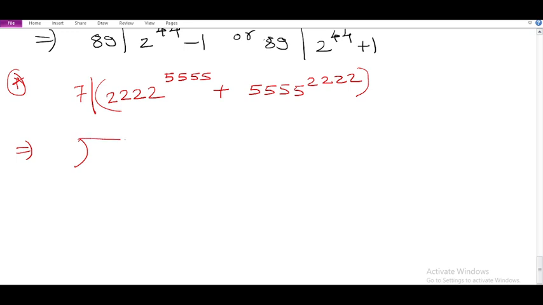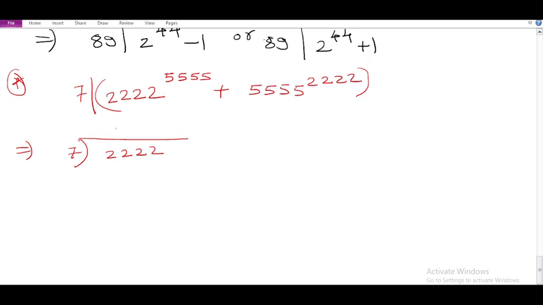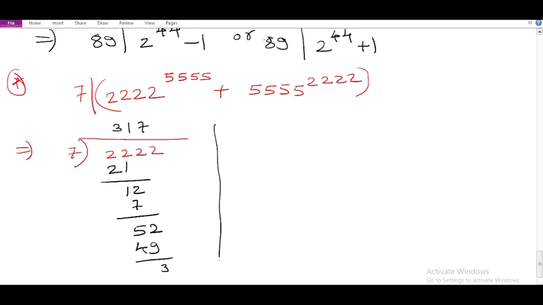First, if you divide 2222 by 7, we get 317, then if you take subtraction here, this will be equal to 2, then again 49. So the remainder is 3. So 2222 is congruent to 3 modulo 7.